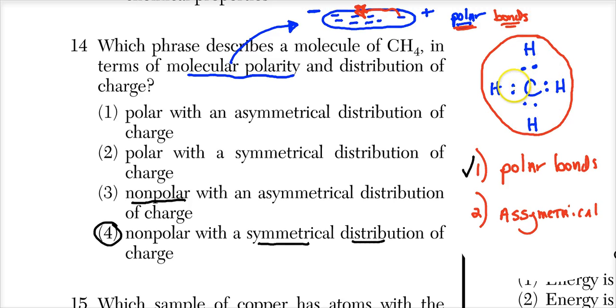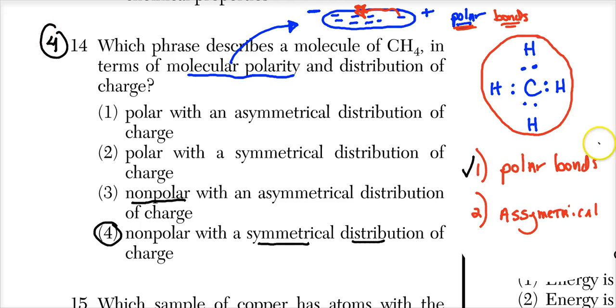I may be unequal sharing, but I'm equal in my unequalness in all directions, if that makes any sense. Bottom line, if you're symmetrical, you cannot be a polar molecule. And what symmetrical means is that there's an equal distribution of electrons around this entire atom because of the symmetry. So 14 is 4.